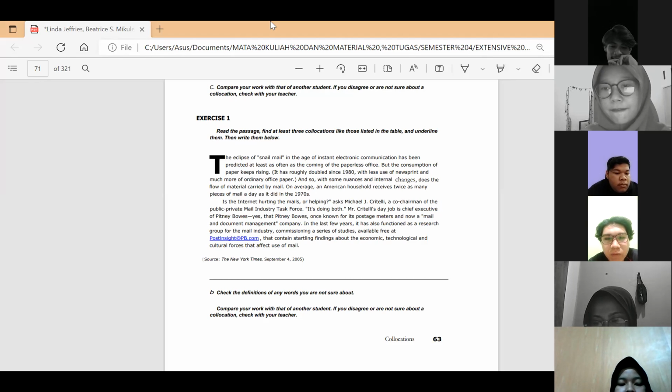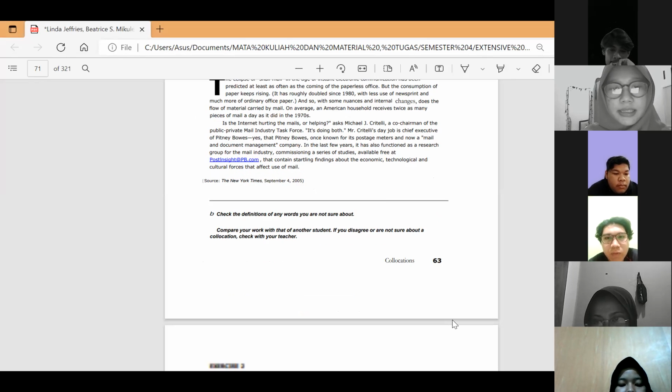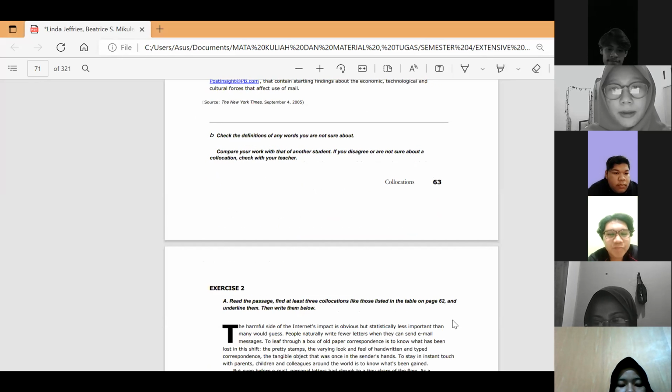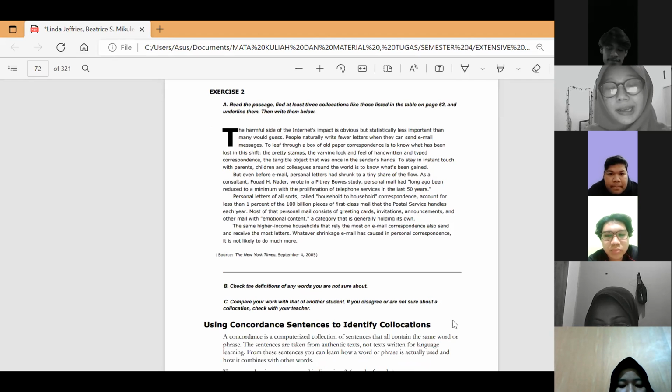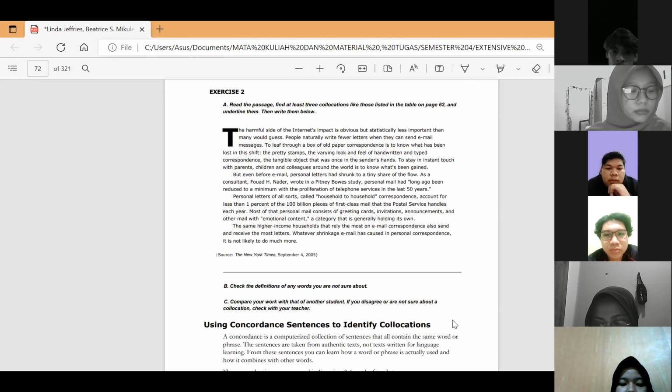For the next exercise, as with exercise 1, read the passage and find at least 3 collocations like those listed in the table on page 62. I don't need to read that paragraph first, I just want to give my answer for exercise 2.